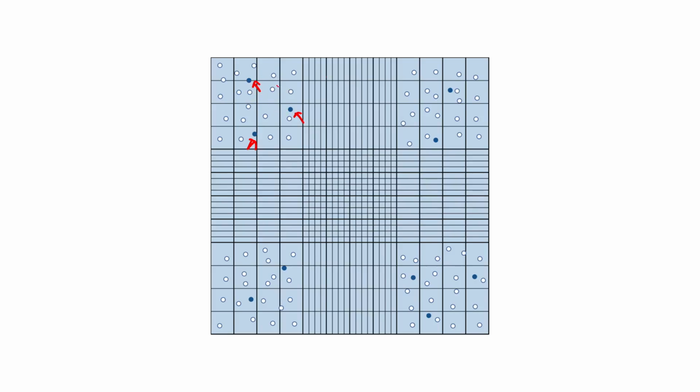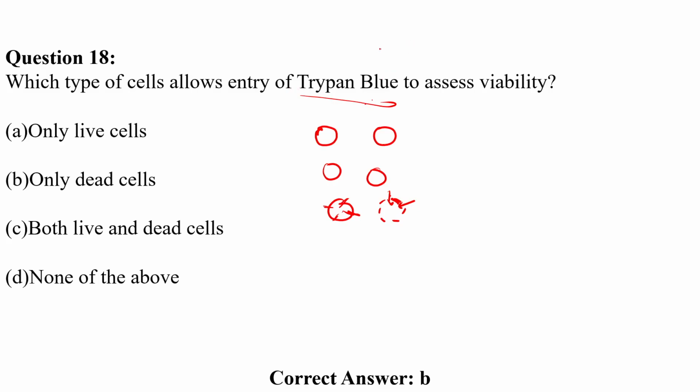This is how we differentiate between live cells and dead cells, and this is how we assess viability. What do you mean by viability? Viability means the number of live cells versus the total number of cells. So how many live cells are present in the total culture?